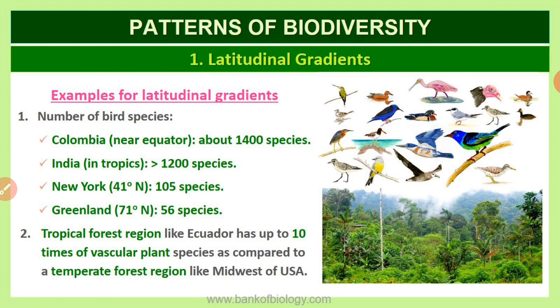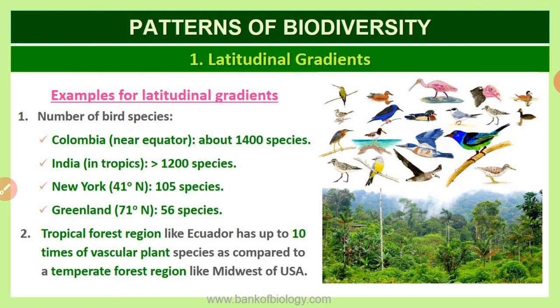Another example is the largely tropical Amazonian rainforest in South America, which has the greatest biodiversity on earth, as it is home to more than 40,000 species of plants, 3,000 species of fishes, 1,300 species of birds, 427 mammals, 427 amphibians, 378 reptiles, and more than 1,25,000 invertebrates.